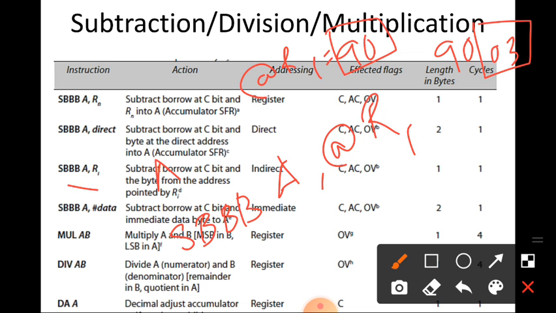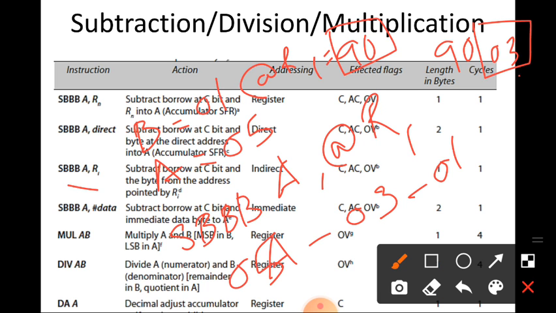Accumulator contains 05 and borrow contains 1. Then what will be the result of the operation? A minus this 03 minus 01. A content is 05, so 05 minus 03 minus 01. That will be 01. So accumulator contains 01. This operation will take place using this instruction.